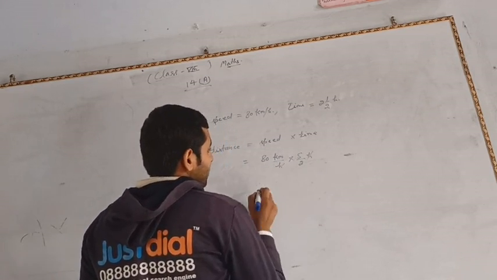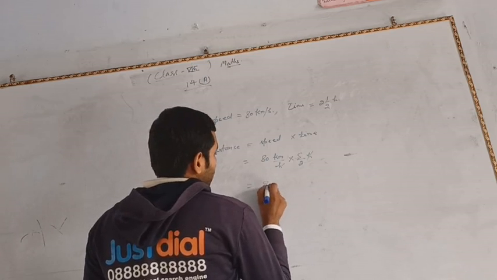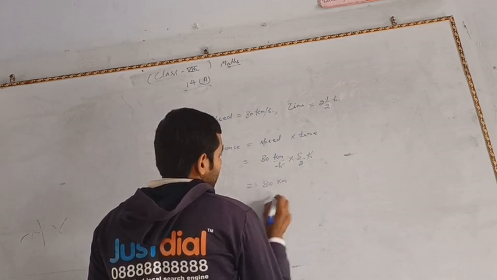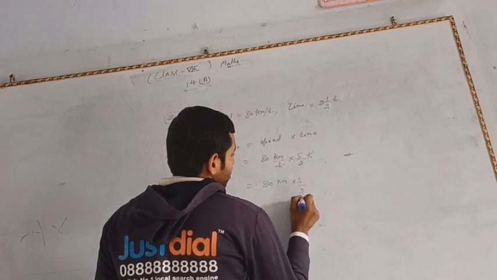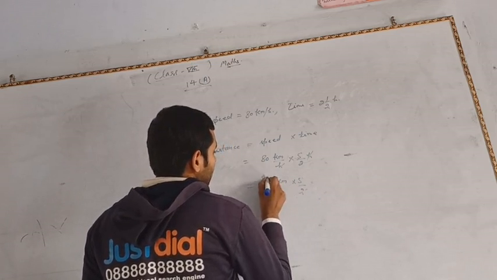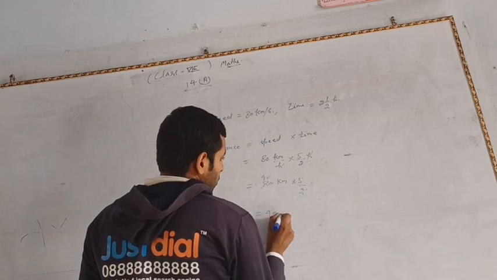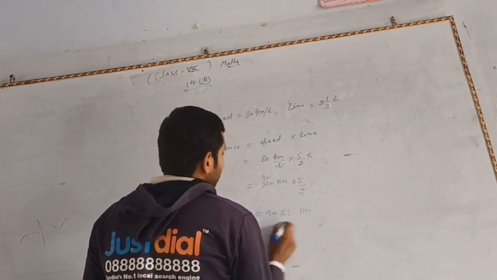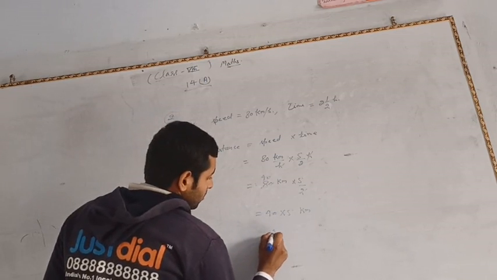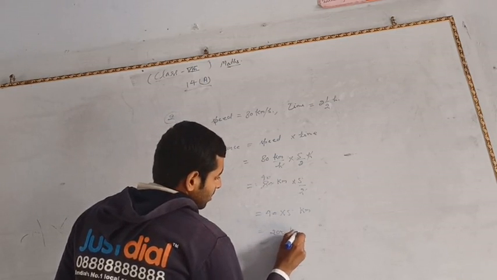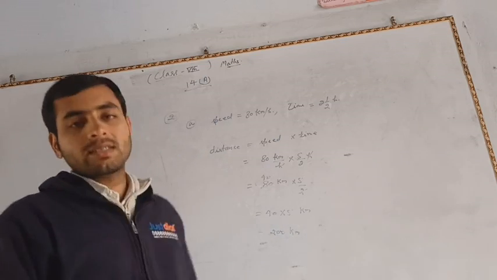So here hour cancel. Now 80 kilometer into 5 by 2. So 2 4 is 8, 2 0 is 0. So 40 into 5 kilometer. So distance is equal to 200 kilometer. This is your answer.